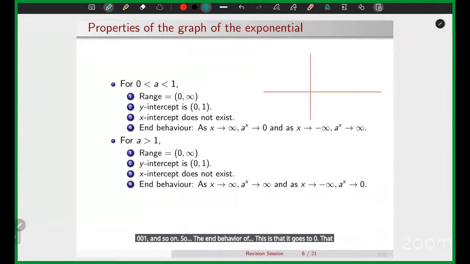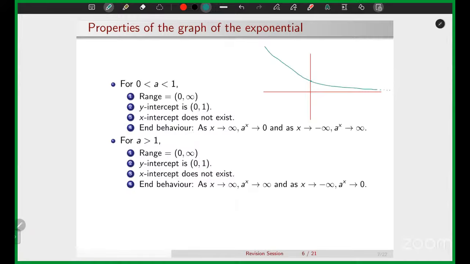So the end behavior of this is that it goes to 0. That is on the positive side. On the negative side, it goes arbitrarily large. So over here, if I plug in x is equal to 0, a to the 0 is equal to 1. So that is why the y-intercept is 1.